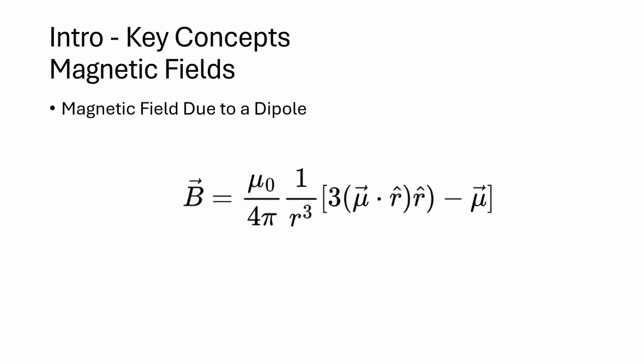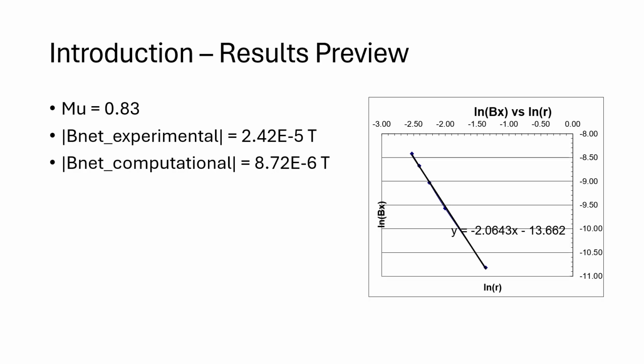The most important concept for this lab is magnetic fields, specifically the magnetic field due to a dipole, which is given by the equation here. So this is a brief preview of what we found. We calculated the magnetic moment of the magnetic dipole to be 0.83. Bnet is the magnitude of the magnetic field at a 45-degree angle from the magnetic dipole.